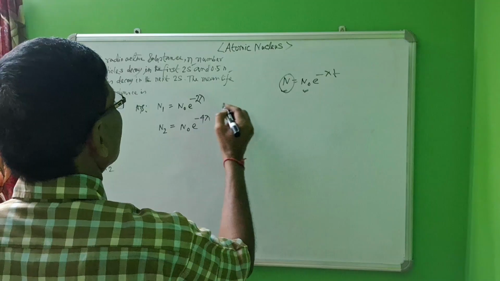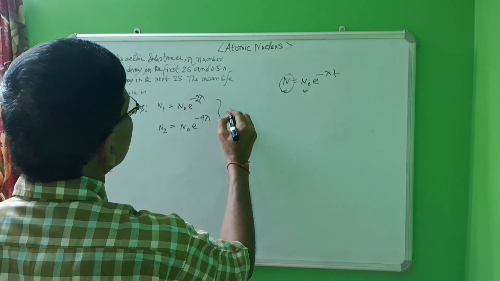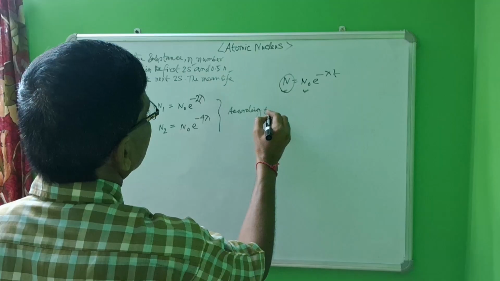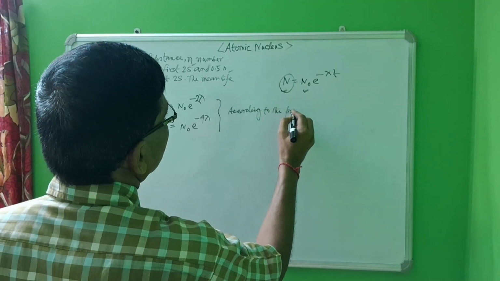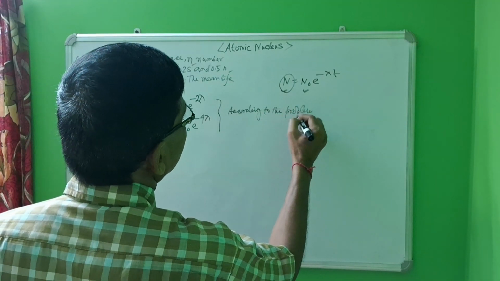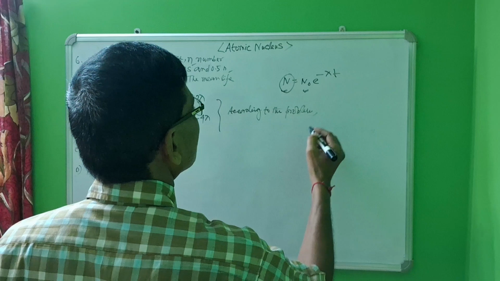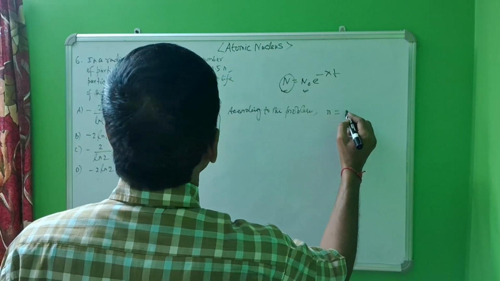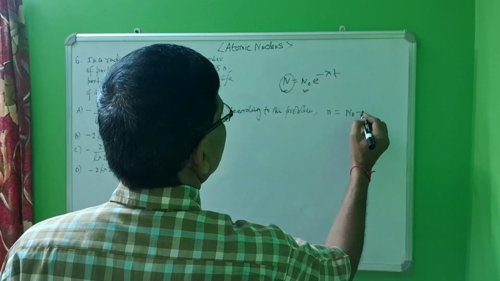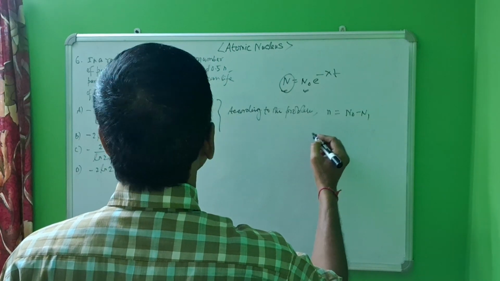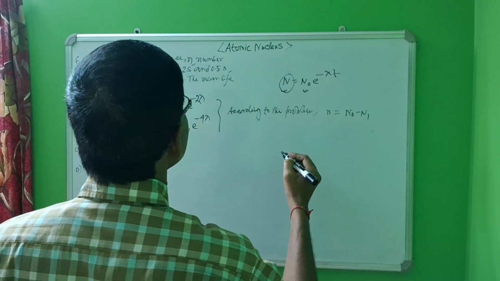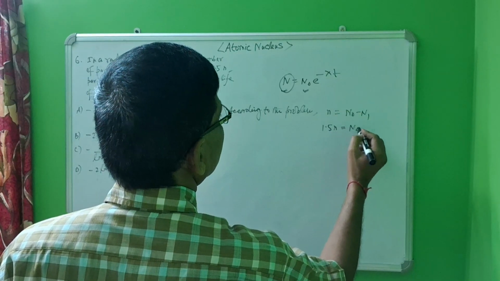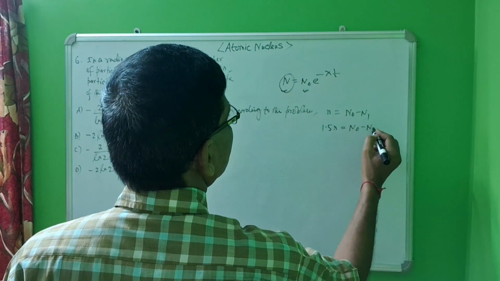Now, according to the problem, n equals n0 minus n1 and 1.5 n equals n0 minus n2.